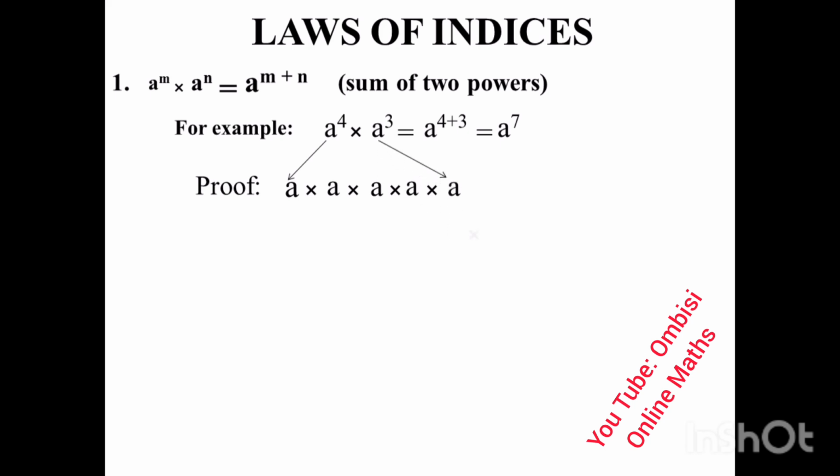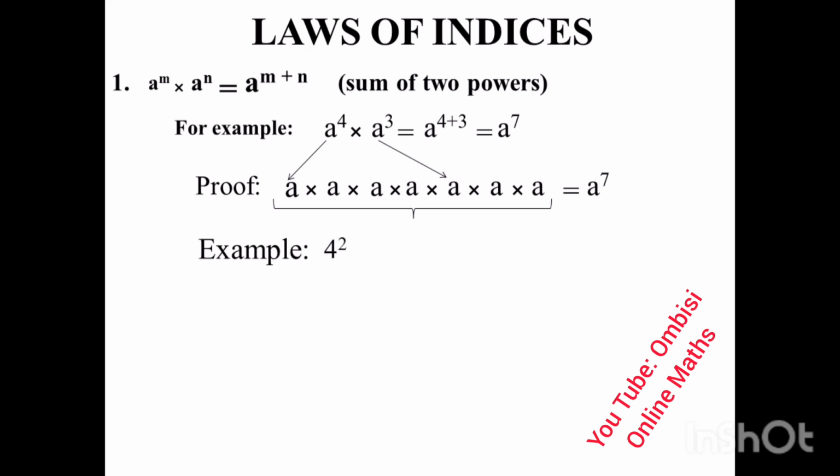So that is multiplied by a multiplied by a multiplied by a. And you can see that we have 7 a's here. So this translates to a raised to the power of 7. And that is the law of indices, law number 1, that deals with the sum of two powers.